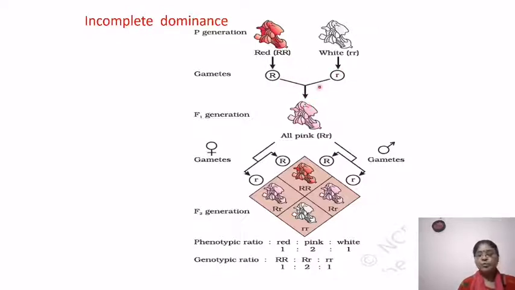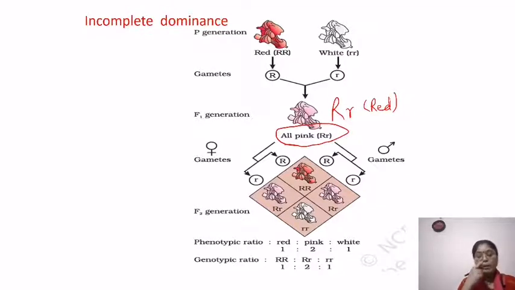When these two gametes fuse together, they form the zygote and the F1 generation. According to Mendel's law, we should get this genotype and it should be red. But what we see here is that it is all pink.